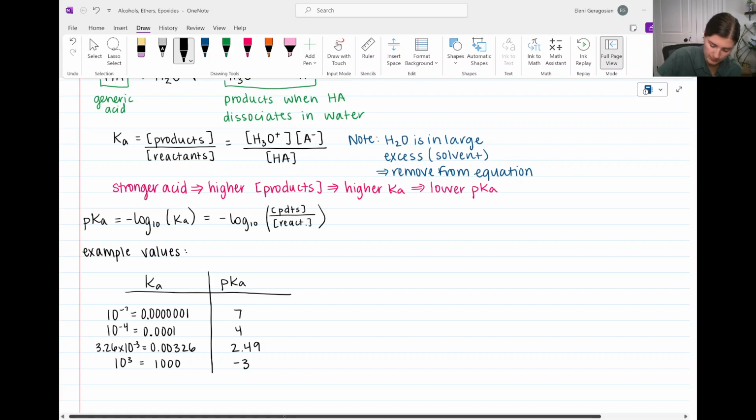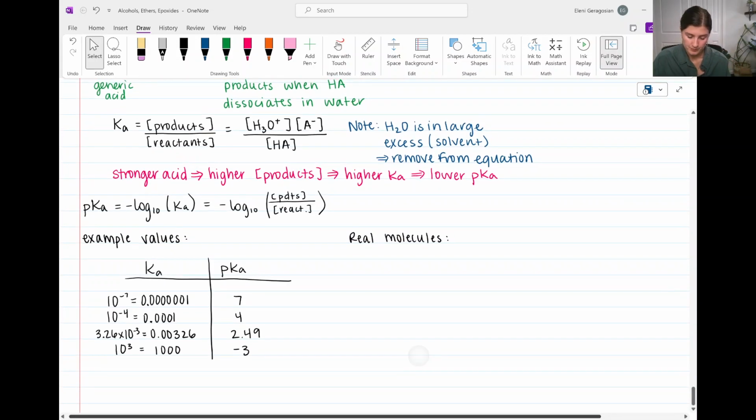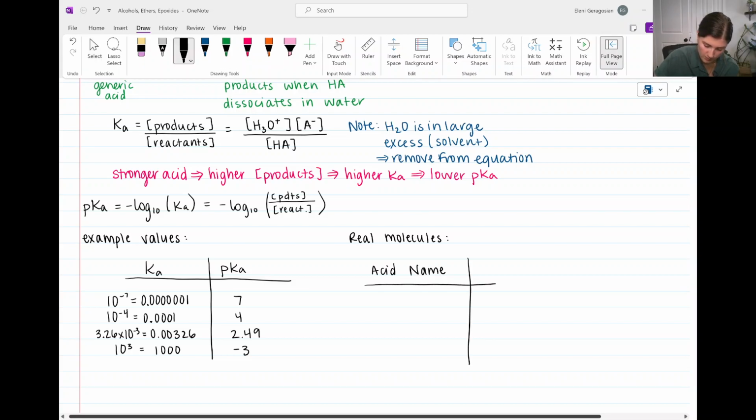Let's look at some real molecules. We'll write the acid name, we'll draw the structure too, and we'll write the Ka of that acid and the pKa.